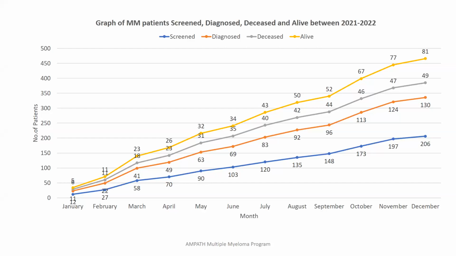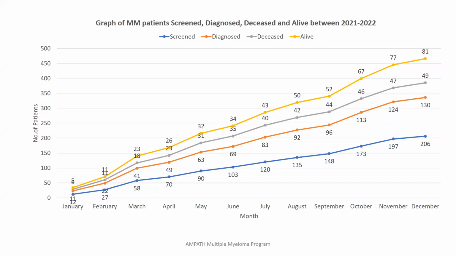The total number of clients who were sent to us for a possible diagnosis of multiple myeloma was almost 200 patients, and out of those, about 130, which is more than half of them, ended up having multiple myeloma.